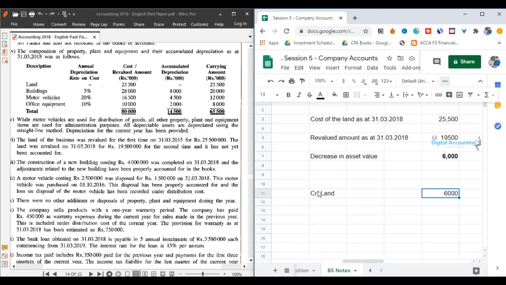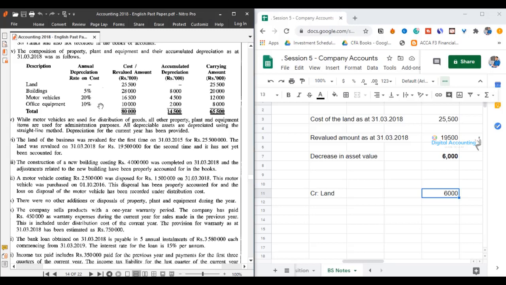According to the flowchart I shared, we need to check the first time revaluation as at 31st March 2015 for any revaluation gain on the land that was carried forward to our accounting year. When the land was revalued for the first time on 31st March 2015 for rupees 25.5 million, there might have been a gain or deficit of revaluation.